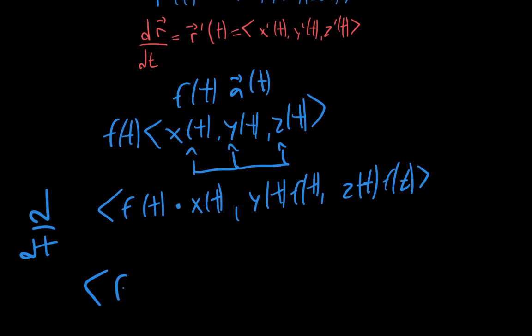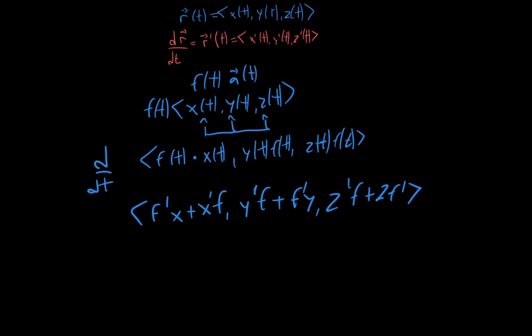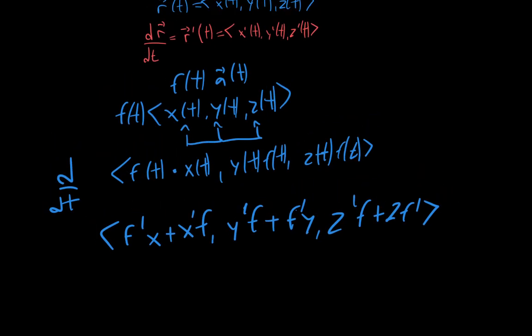So remember, it's f prime x plus x prime f, comma, y prime f plus f prime y, comma, z prime f plus z f prime. And that's how you would take the derivative of a vector valued function multiplied by a scalar function.